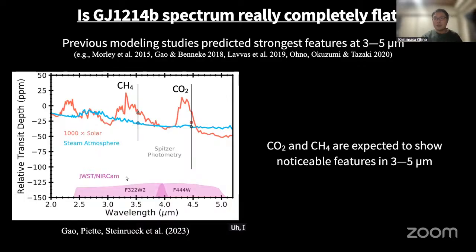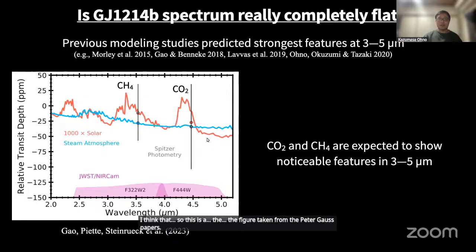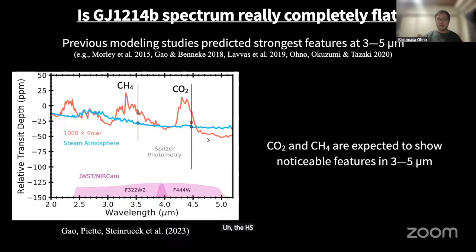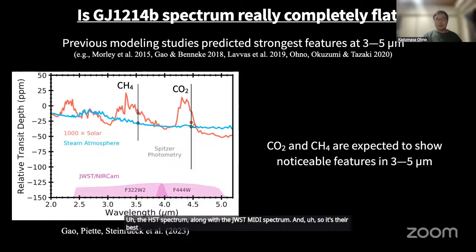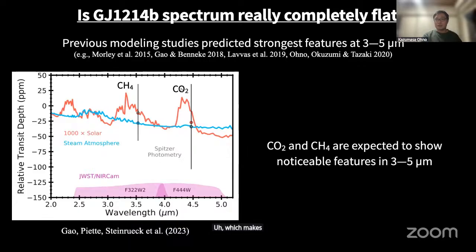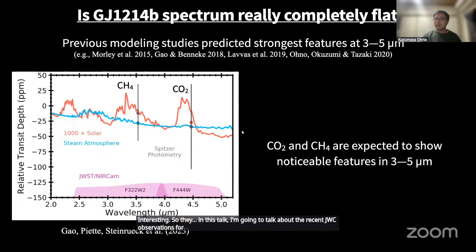This is a figure taken from the Peter Gao paper that interprets the HST spectrum along with the JWST MIRI spectrum. Their best-fitting model still shows some noticeable features of methane and CO2, which makes observations in this wavelength range interesting. So in this talk, I'm going to talk about the recent JWST observations for this wavelength coverage.